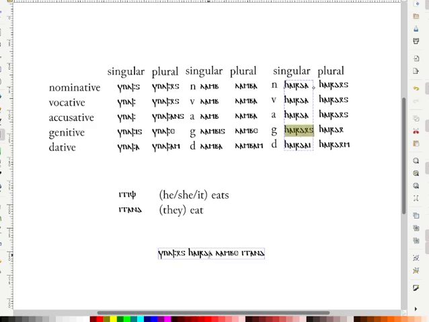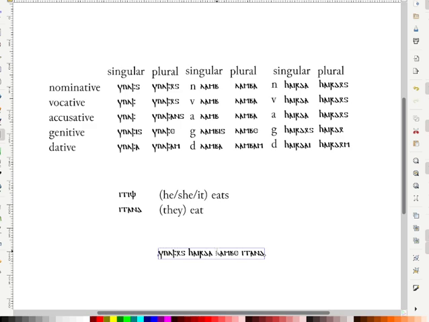And because it's a herd of sheep, we're saying lambe, a herd of sheep. And most of the time, if you use of in English, it's going to be the genitive case in Gothic.